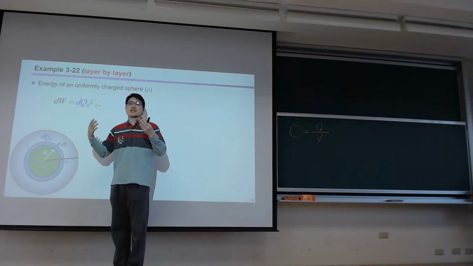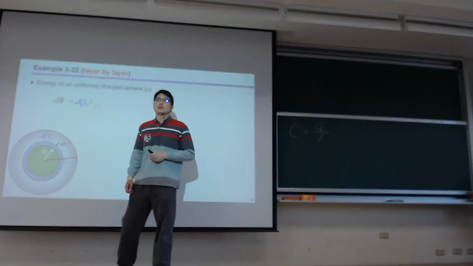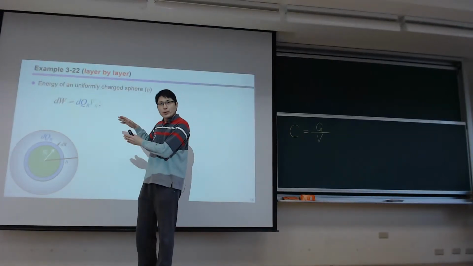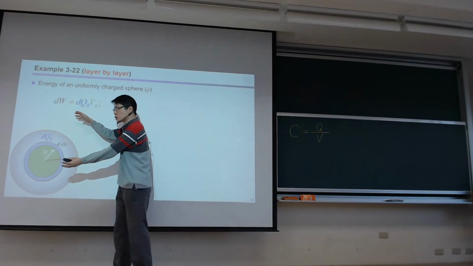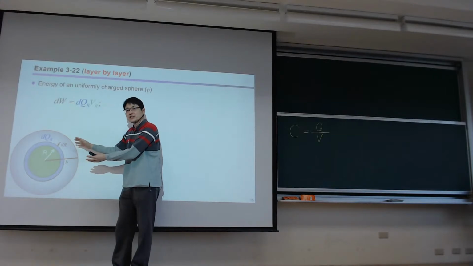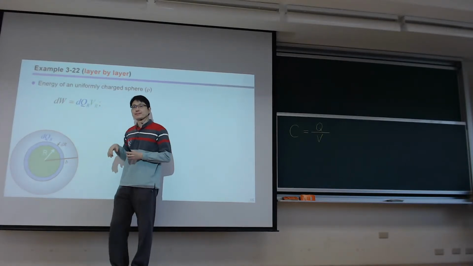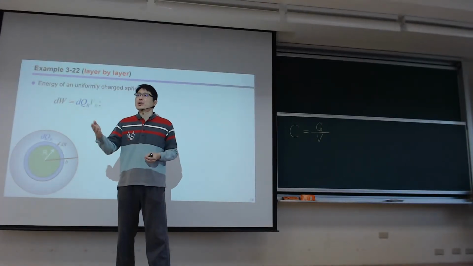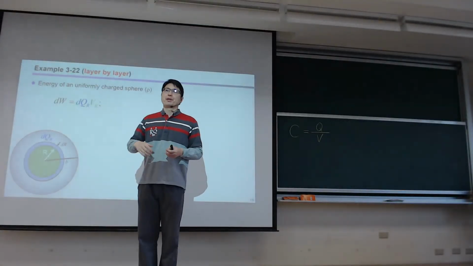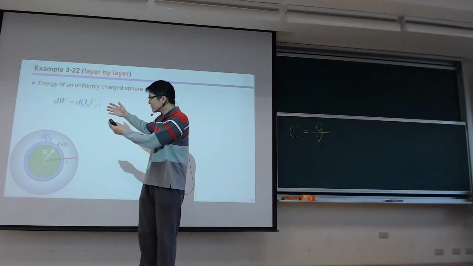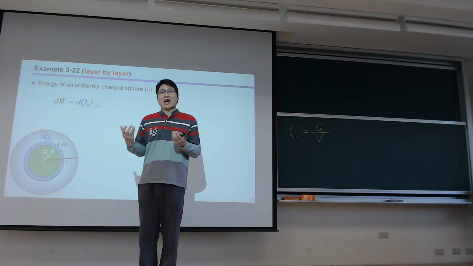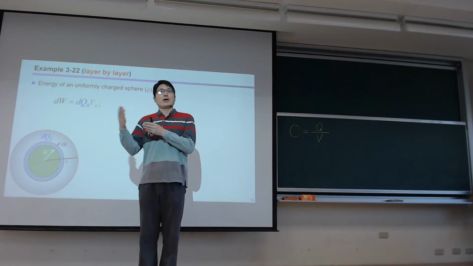So basically, it's a constant, right? Now we want to find out the electric energy being stored in this charged sphere. That's weird, right? In the past, we talked about charges, but we don't really look into that type of problem as energy being stored. But now you understand.